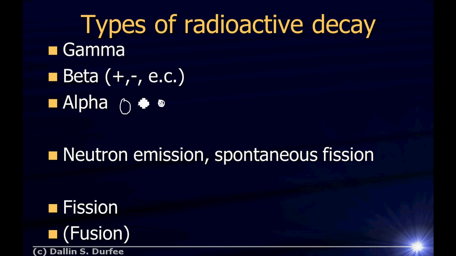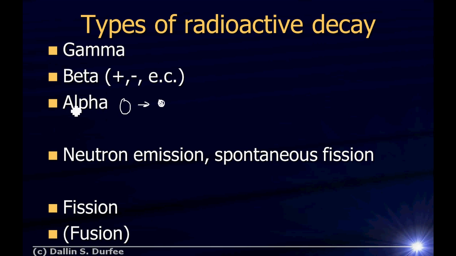Alpha particles are charged and they're fairly massive, so they don't penetrate your skin very much. So usually alpha emitters aren't as dangerous as other types of radioactive materials. You want to be careful not to eat them, because inside your body they can cause a lot of trouble. But typically they aren't too dangerous because they're stopped by your skin, or if they're in a container, the alpha particles can be stopped by the container.